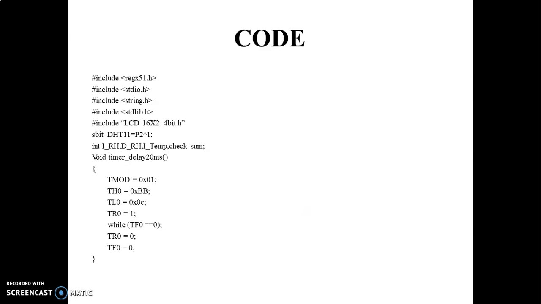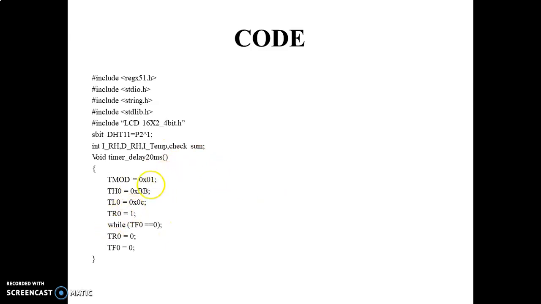First initialize the LCD, then define the pin number to interface the DHT11 sensor, and then send the start pulse to the DHT11 sensor by making the data pin go from low to high. Then here connect the DHT11 output pin, then the timer 0 delay function is initialized.